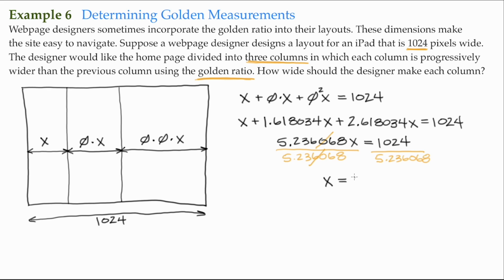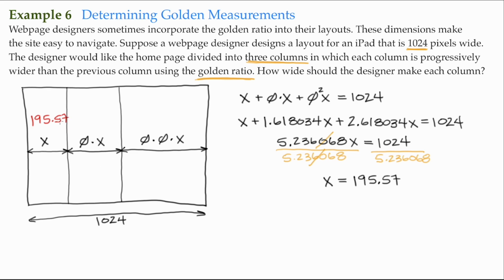That's going to come out to be approximately, and we're just going to round this to 2 decimals, 195.57 pixels wide. So this first column here should be 195.57 pixels wide.